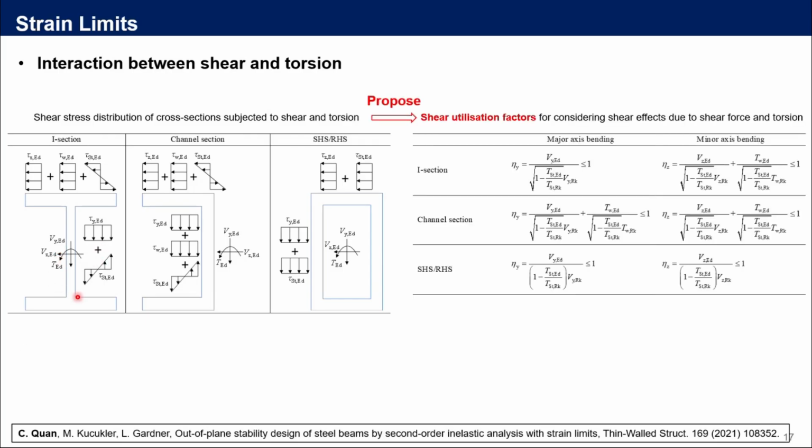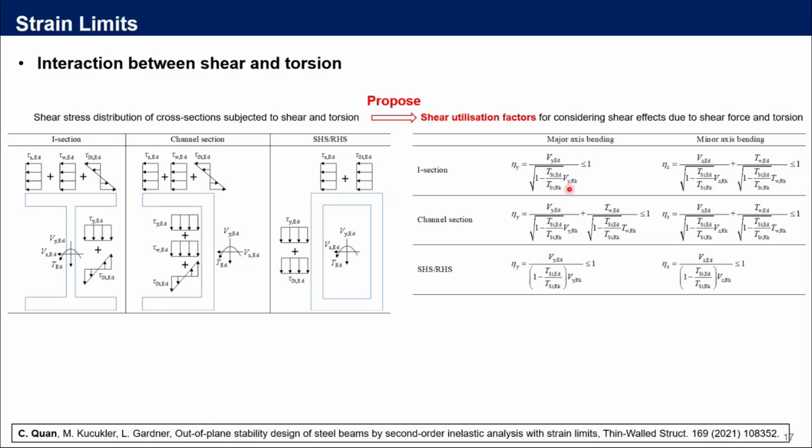And based on these shear stress distributions, we proposed the shear utilization factors, eta y and eta z, to consider the combined shear effects for major axis bending cases or minor axis bending cases. And the shear utilization factor, eta, is taken as the shear force divided by the torsion-reduced shear resistance, thereby considering the combined shear effects.